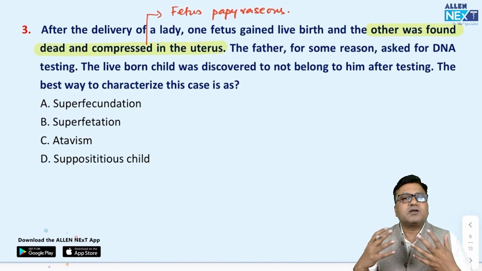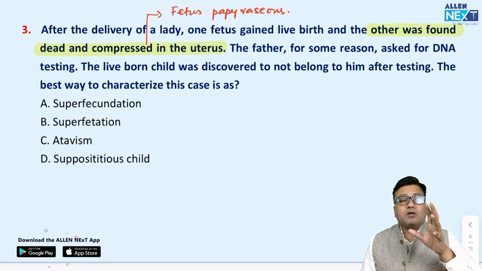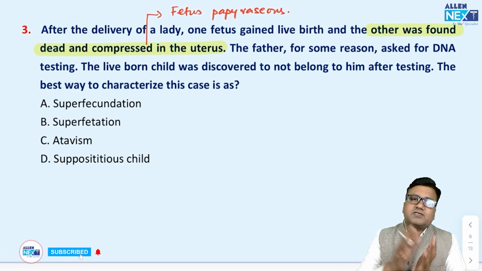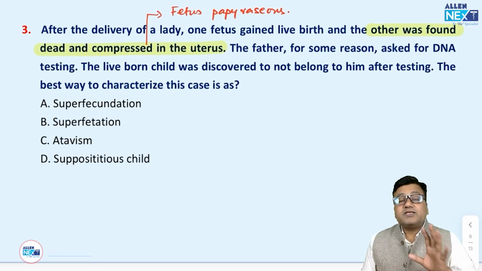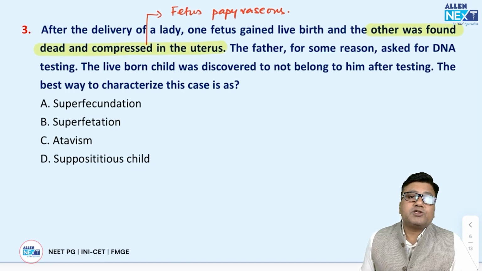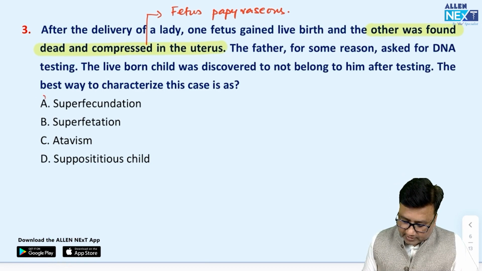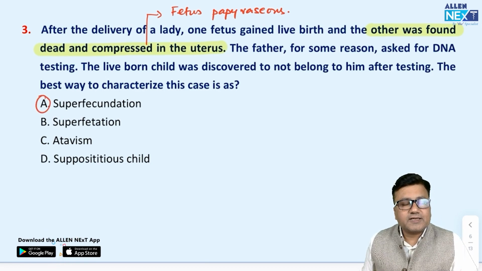That is how it becomes a compressed fetus. So one fetus grows well, the growing fetus compresses the other fetus. This condition can happen in a situation called as superfecundation. So correct answer here is superfecundation.